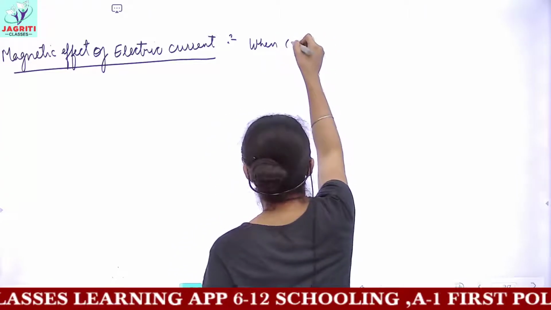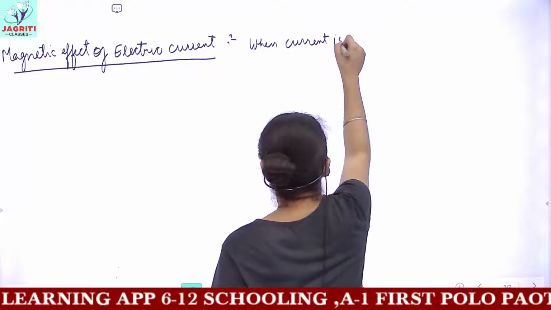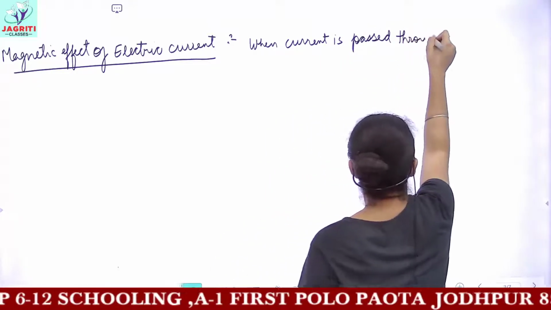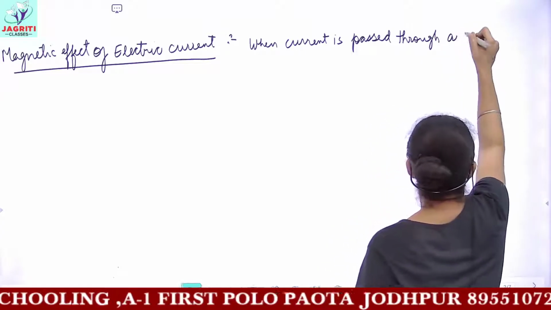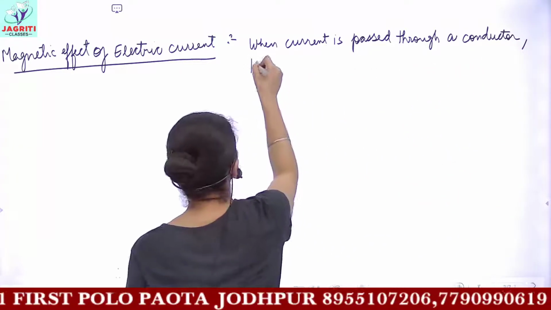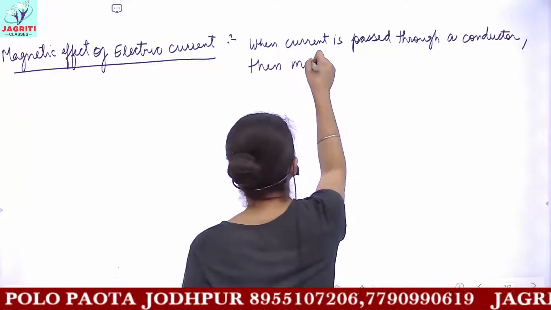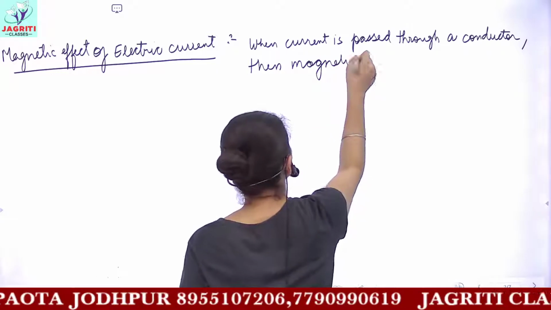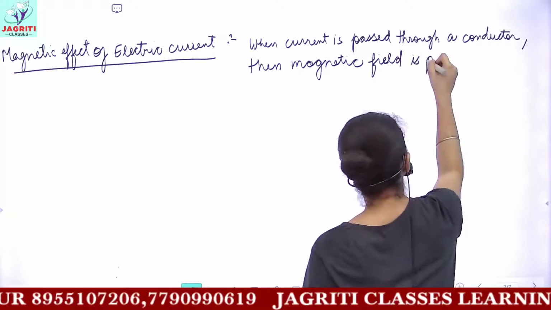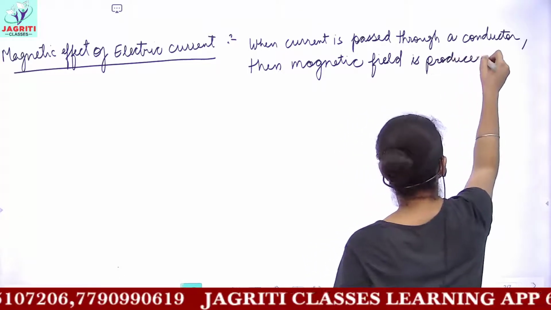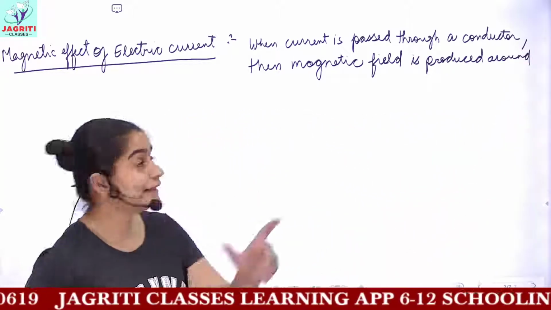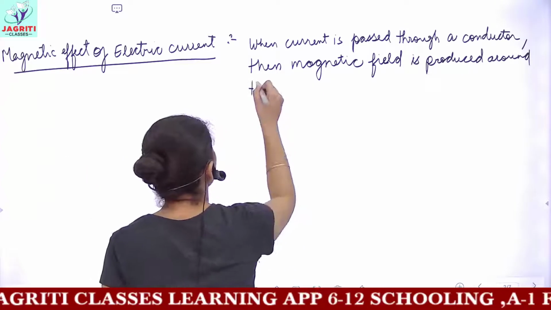When the current is passed through a conductor, then a magnetic field is produced around the conductor. Okay, so when the current is passed through any conductor, then a magnetic field is produced around that conductor.